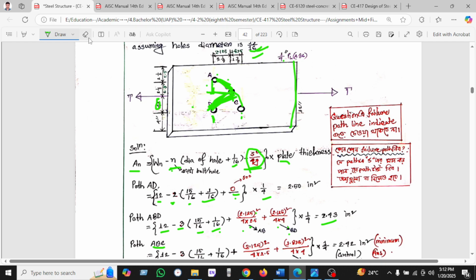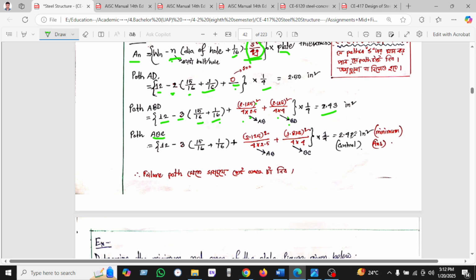This path is another path. In the same way we calculated and found the first path AD is 2.5, the second, ABD, is 2.43, and another one is very small, which is 2.46. So which is the minimum?